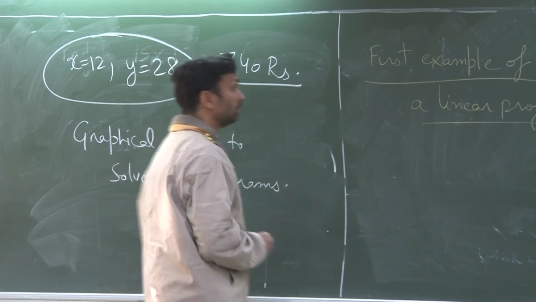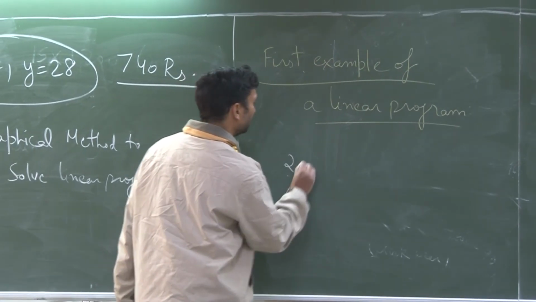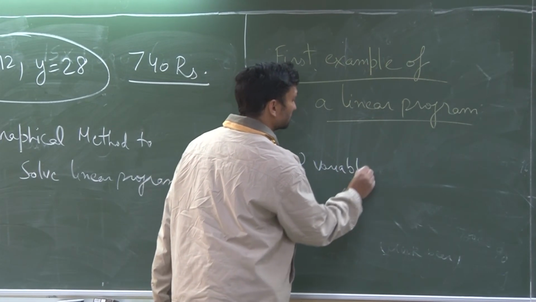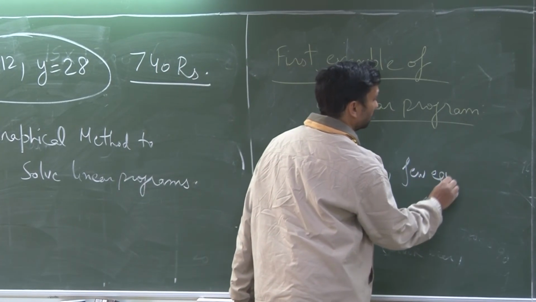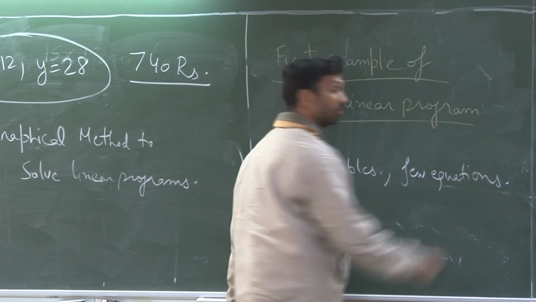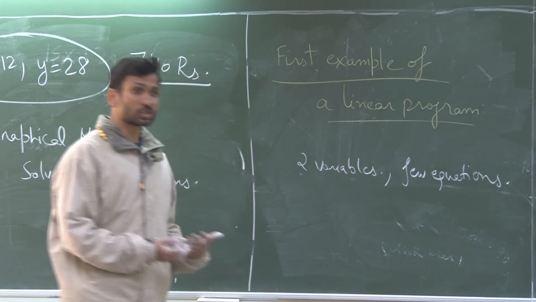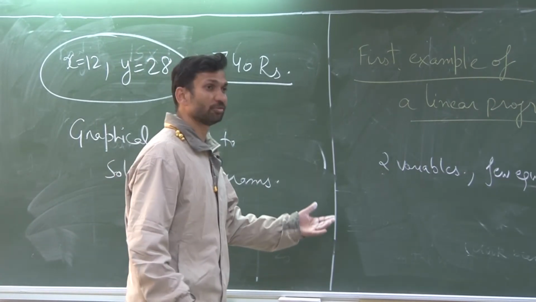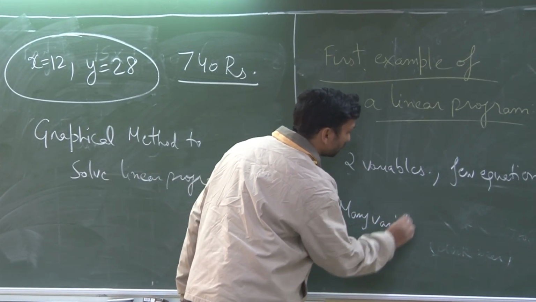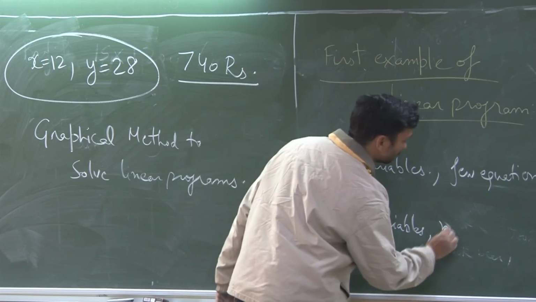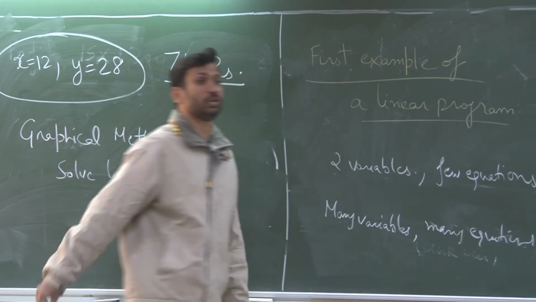Let me point it out. The equations we solved were very special. We had only two variables, and we had very few equations. Most of the time, when you encounter a resource allocation problem in real life, you are going to have many variables and many equations. When I say many variables, I mean thousands of variables.